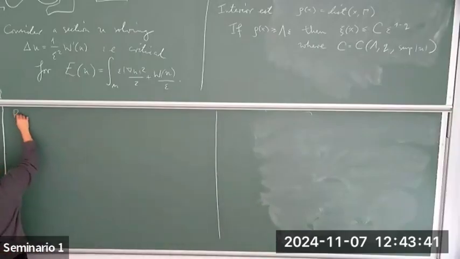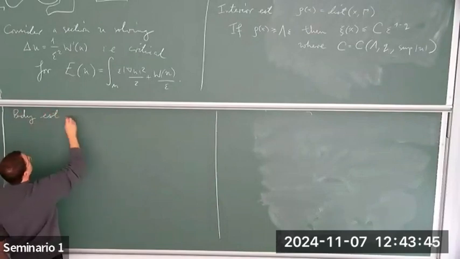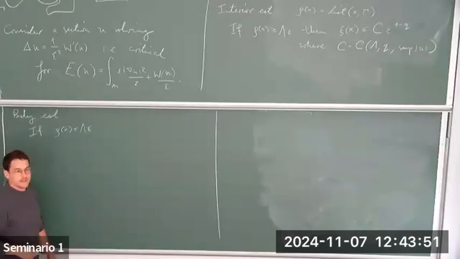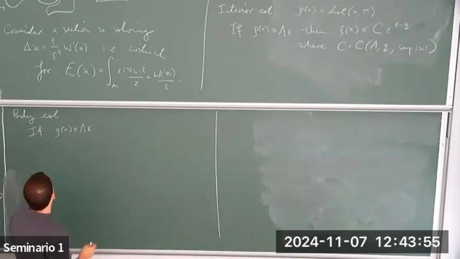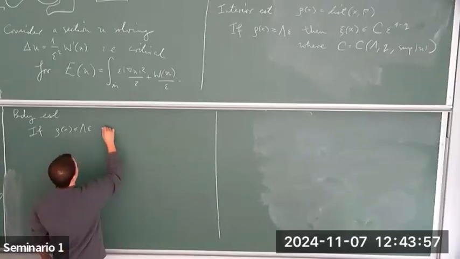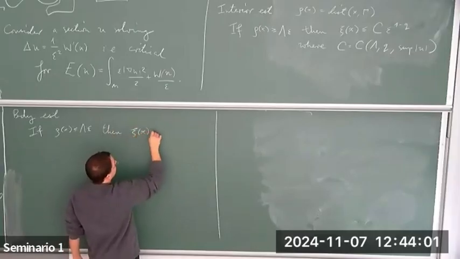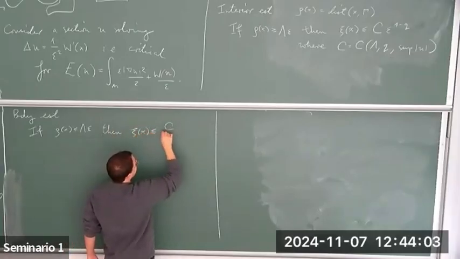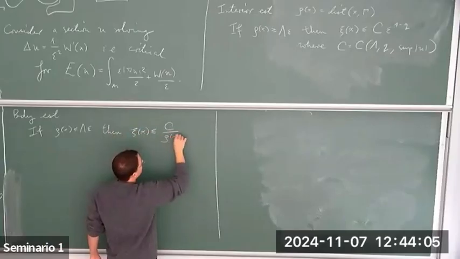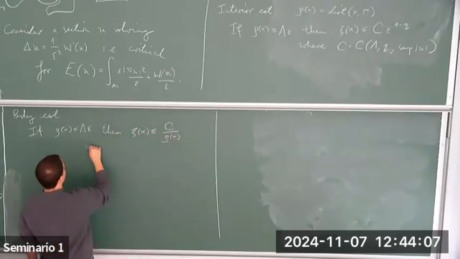So, on the other hand, if we look at a point x where the distance to the boundary is less than some constant lambda times epsilon, then what we see is that the discrepancy is bounded by c over rho of x.